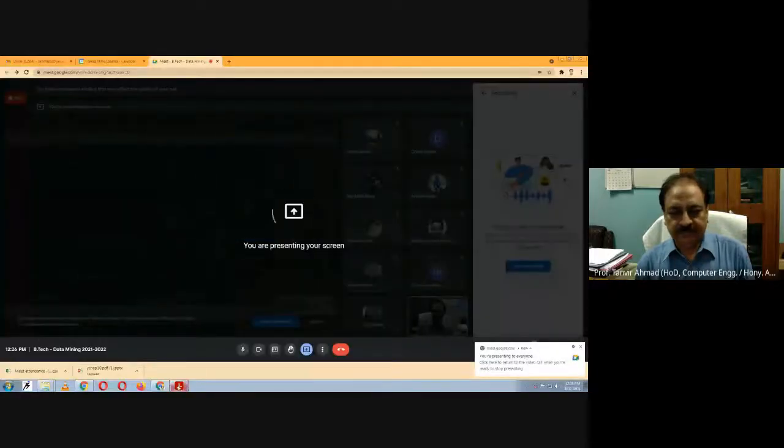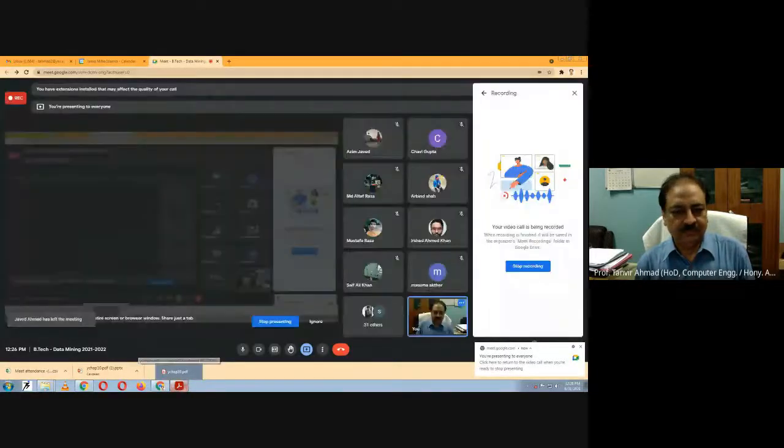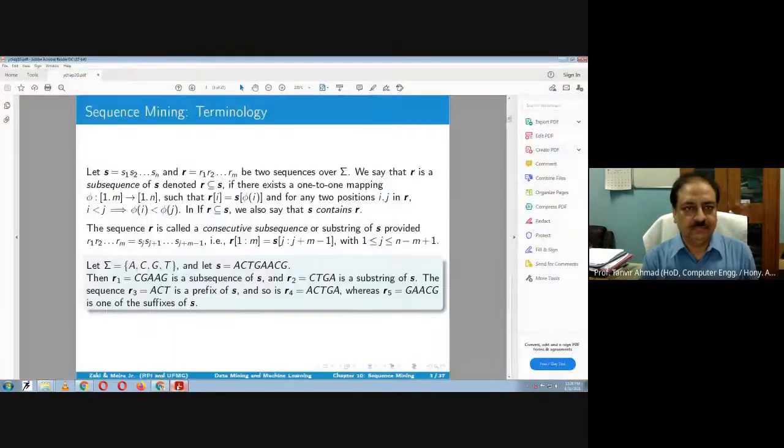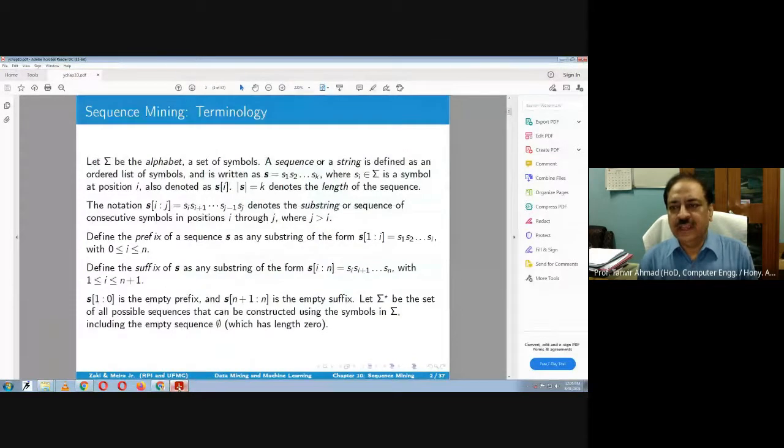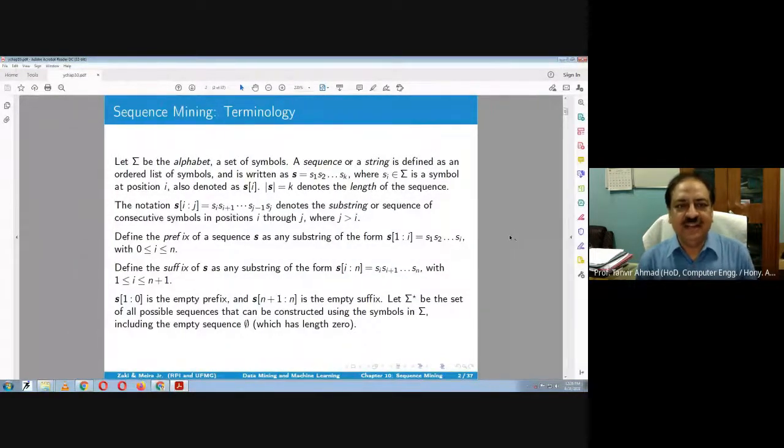Now try to understand this concept well, because this is tricky. Let me first discuss the terminology of sequence mining.